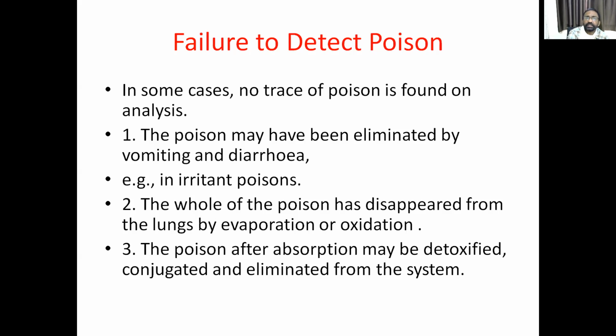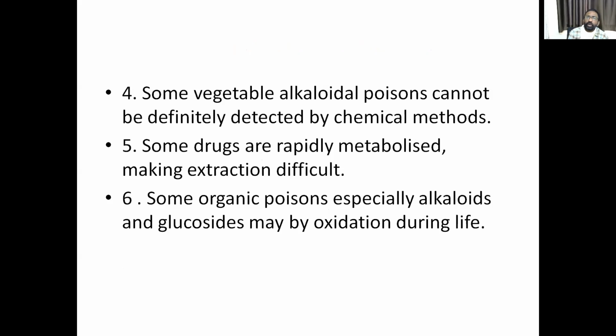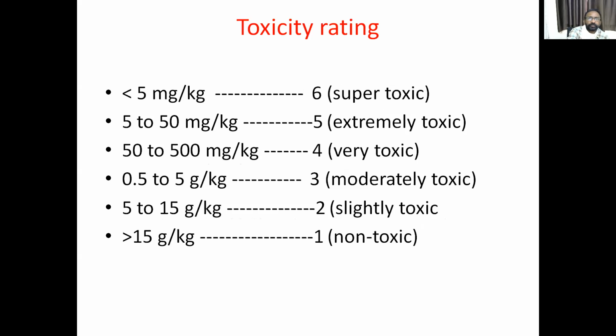So these are the reasons for failure to detect the poison. Also, some alkaloid poisons cannot be definitely detected by chemical analysis, some drugs are rapidly metabolized and eliminated, and some organic poisons, especially alkaloids and glucosides, may be oxidized during the period between the life and the death.